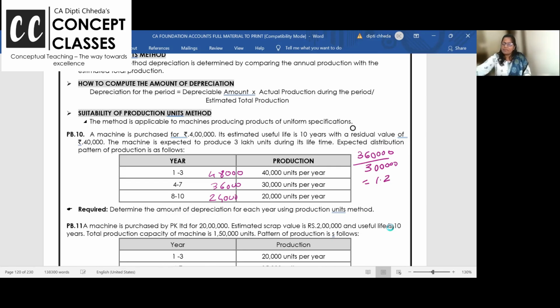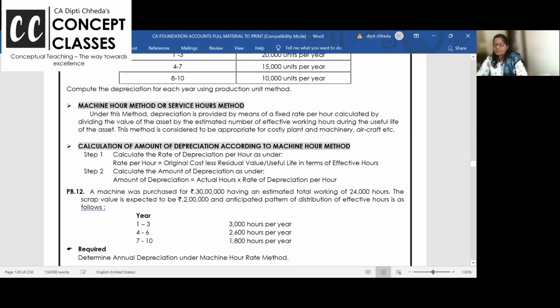Same way, we have the machine hours method. Like we have the production unit method, we have the machine hour method also. Let us check that now. See what you have to do.